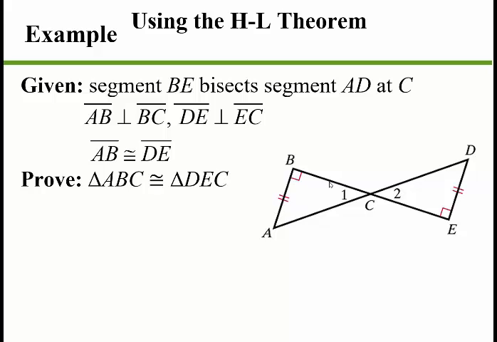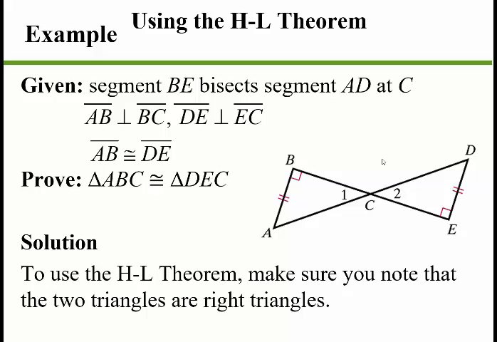You could do that, but I want to use this hypotenuse-leg theorem. So what I ultimately need to do is prove that segment AC is congruent to segment CD. That's where we're going. Once I do that, I'll be able to use the hypotenuse leg because I've got congruent 90-degree angles, congruent legs, and congruent hypotenuses.